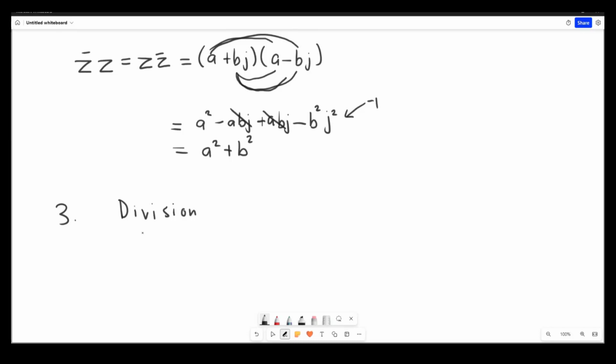What you must do is multiply that fraction by the complex conjugate of the denominator, and that complex conjugate must appear in both the numerator and the denominator. I'll show you what I mean.